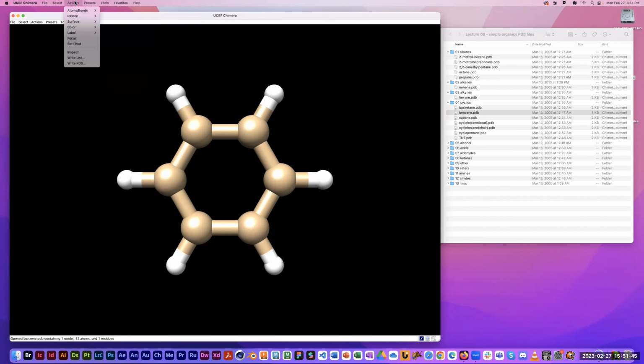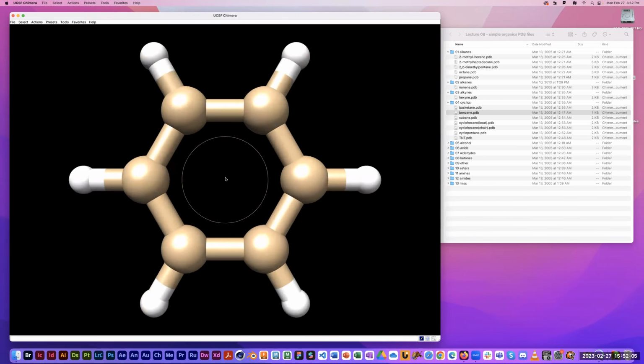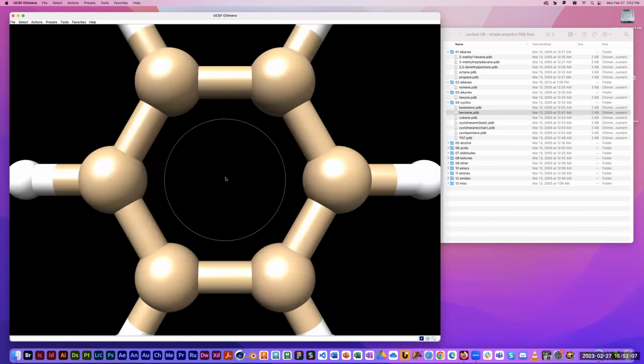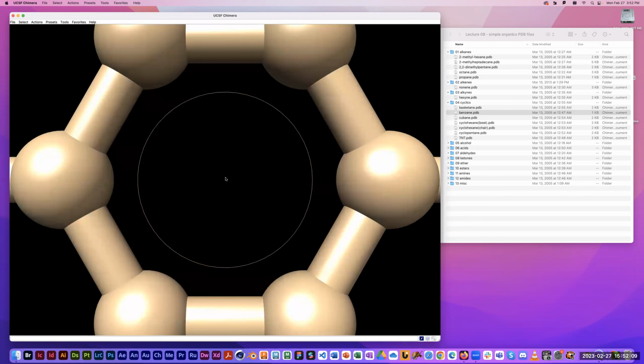Maybe it's over here. Oh, yeah, it's over here. Rings. There we go. There's a tool in Chimera that lets you turn on the little circle. Is it showing up there on screen? Anybody see the circle? Oh, there it is. It's just barely visible. It's really faint for some reason.